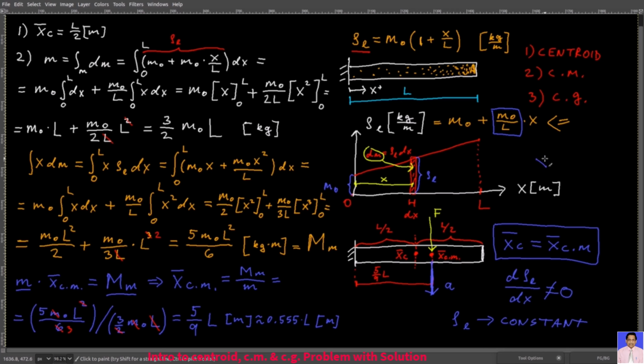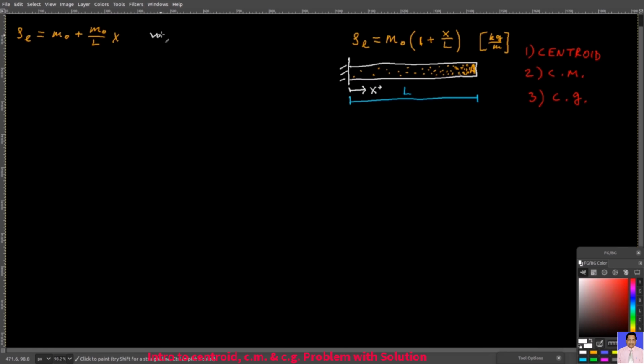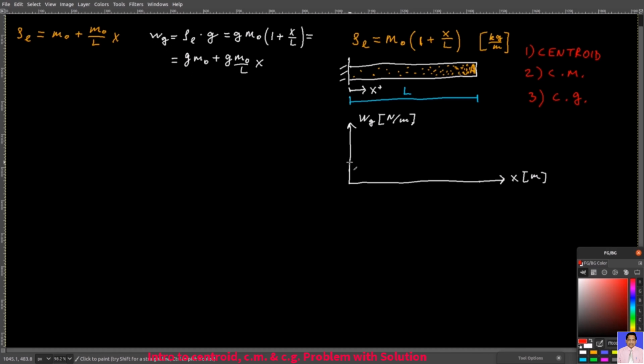And finally, let's get the center of gravity. Since rho L equals this function, and the gravity force distribution per unit length is rho L times g, then essentially you have this equation here. That's your Wg. We can also graph it here. It looks like this.